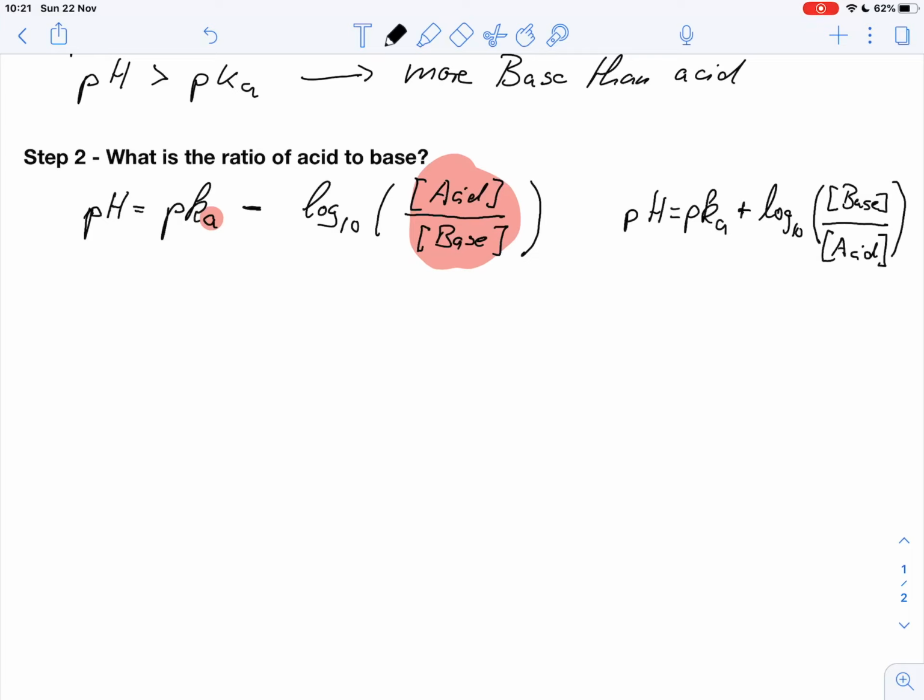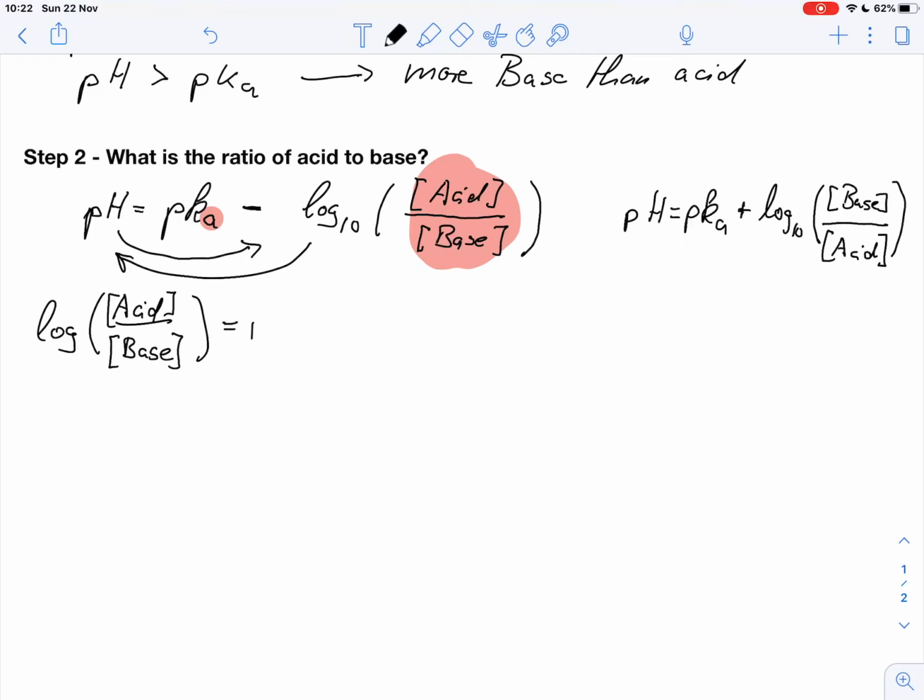So, for example, we bring the log to that side, we bring the pH to the other side, and we end up with log of acid concentration divided by the base concentration equals pKa minus pH.